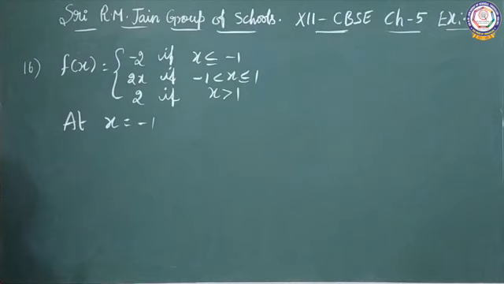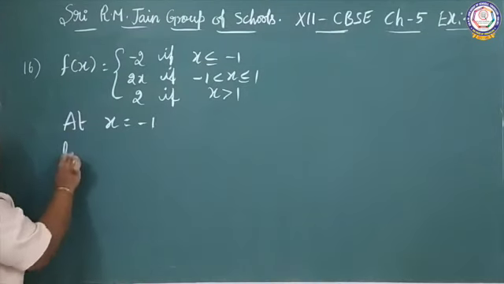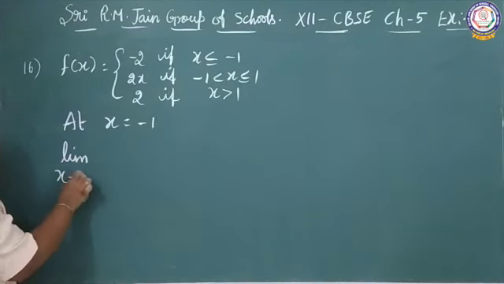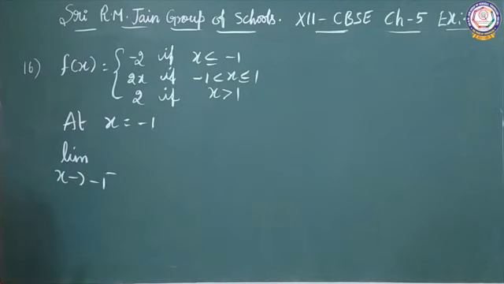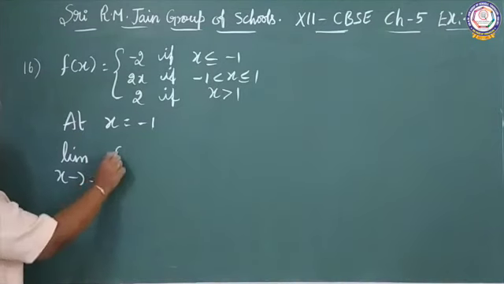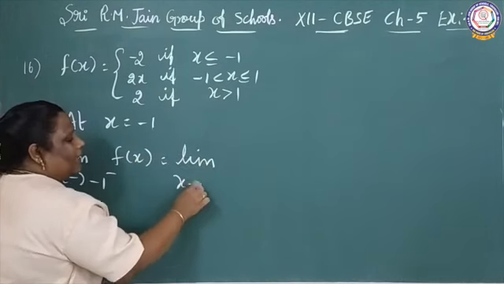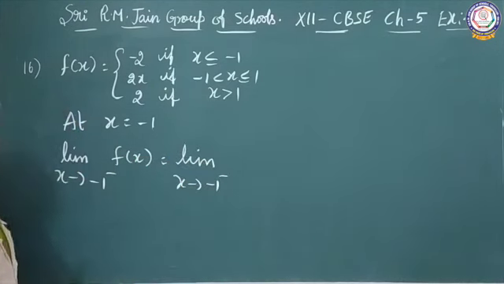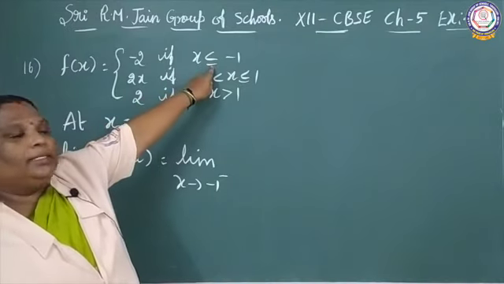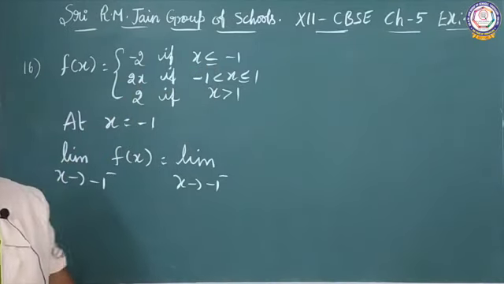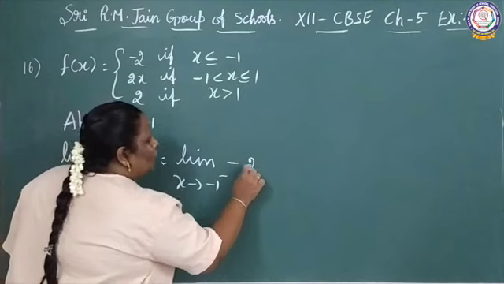At x equal to minus 1, limit x tends to minus 1 minus of f of x. Less than means you can take the value minus 2.